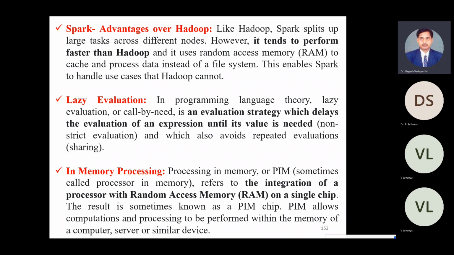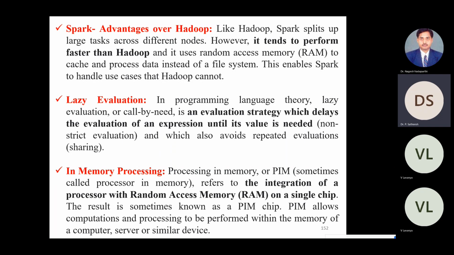Spark splits up large tasks across different nodes. What is meant by node? Can I call a server a node? A system is a node? A data center is a node? Yes, very good.